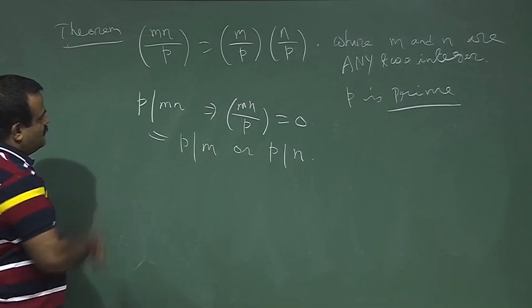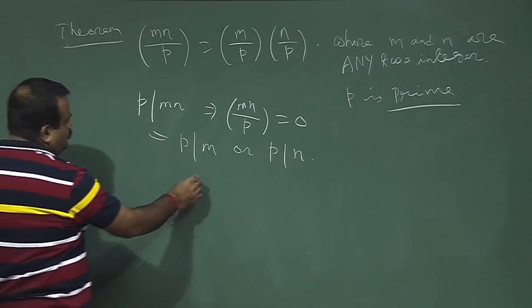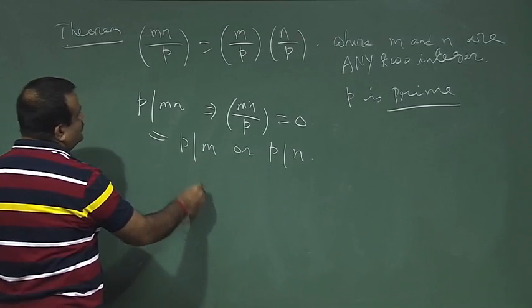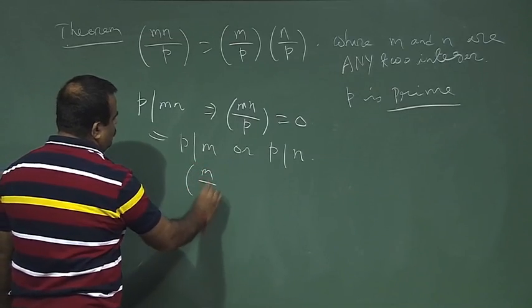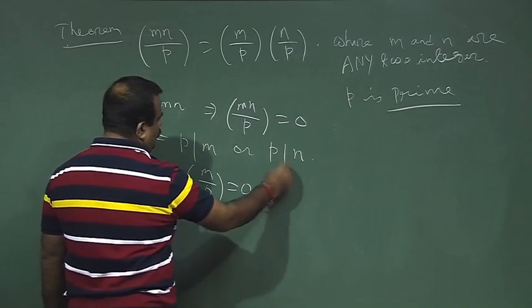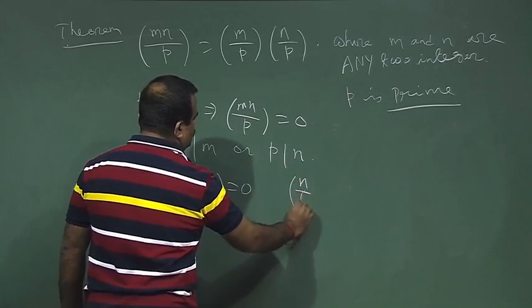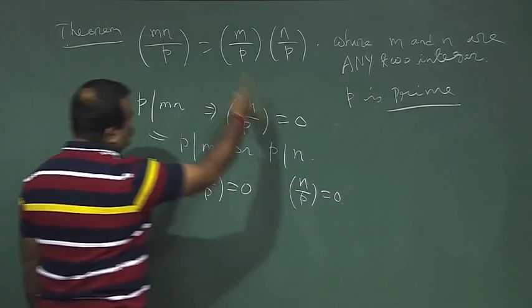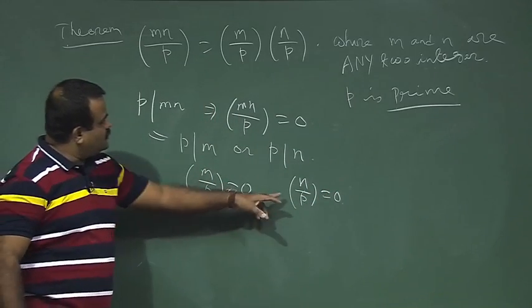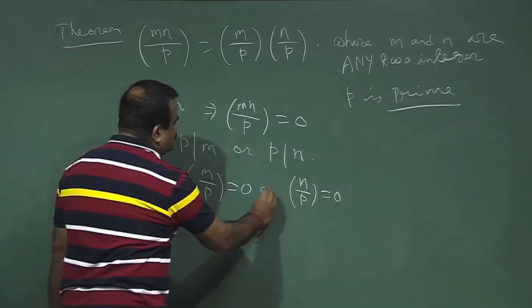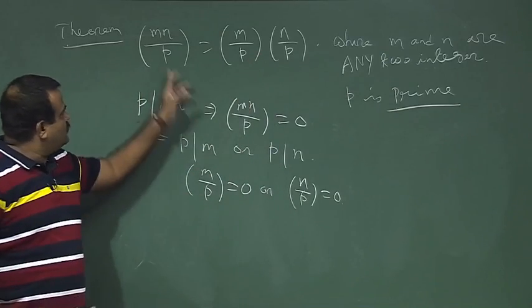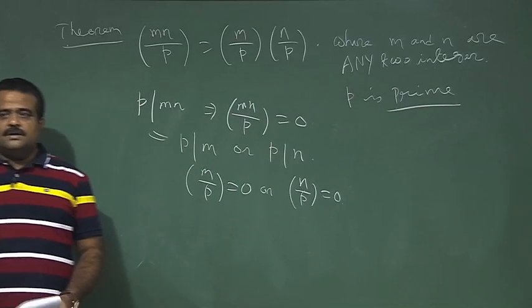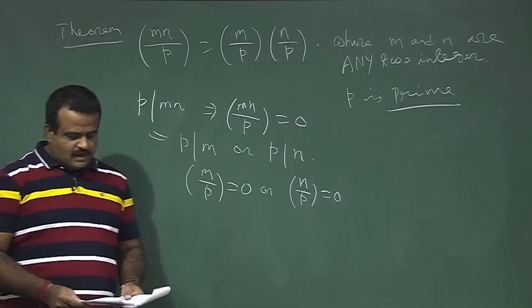So, if p divides m, that means this is 0, or this is 0. In any case either of these two is 0, so the product is 0 and we have this 0. So, this is the case when p divides mn.